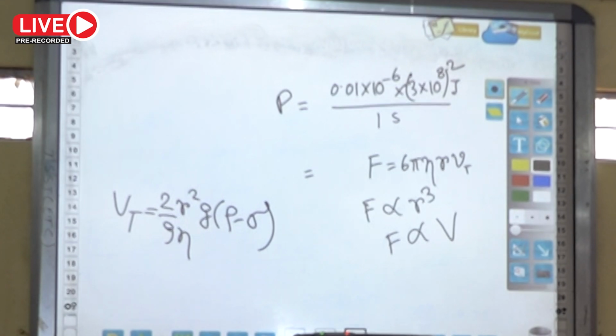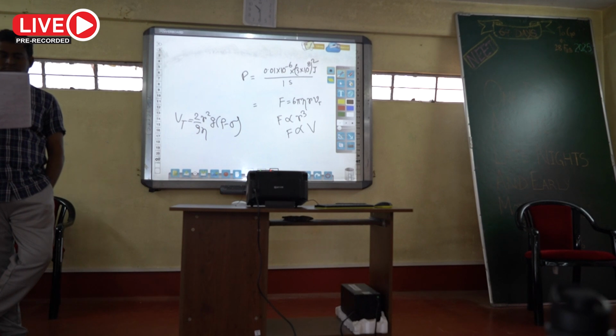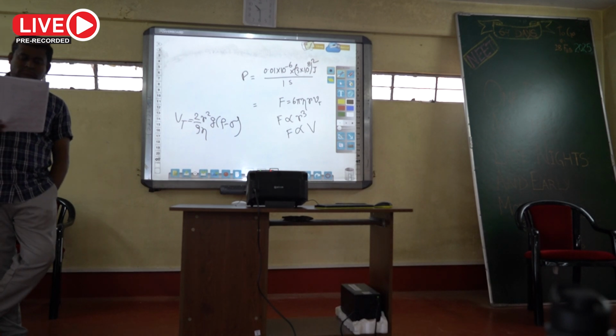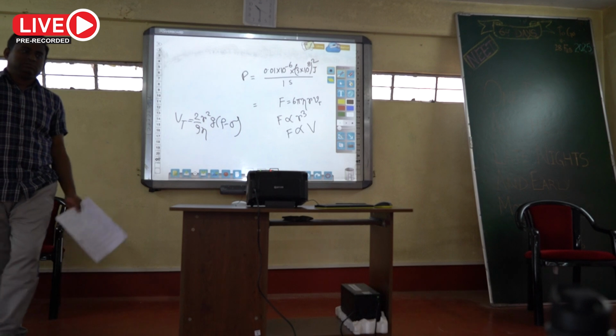You can use the formula v equal to root over of T by m, where T is tension, m is mass per unit length. Calculate.